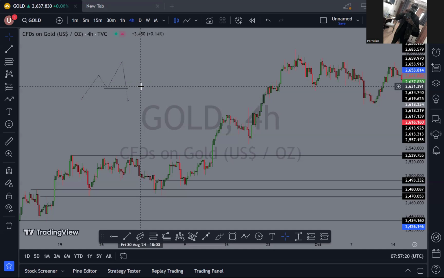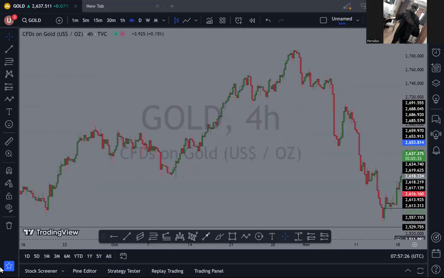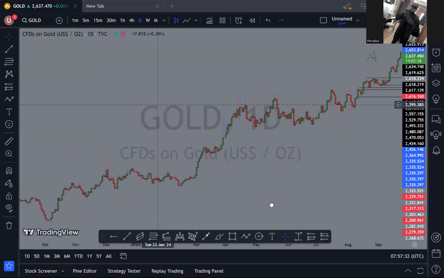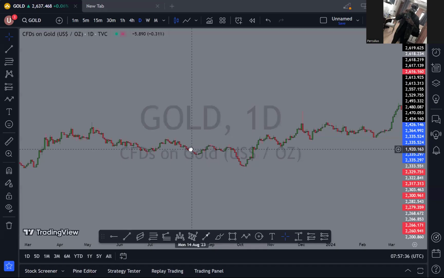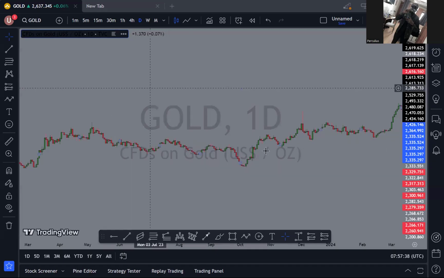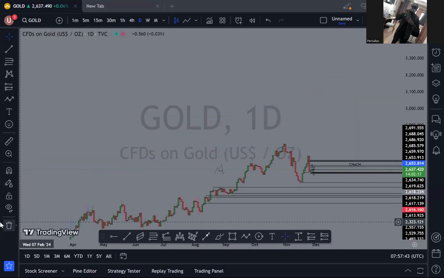We stick to the main idea that if it's an uptrend, you just go with the trend. Basically it should have the following characteristics for you to enter the trade.